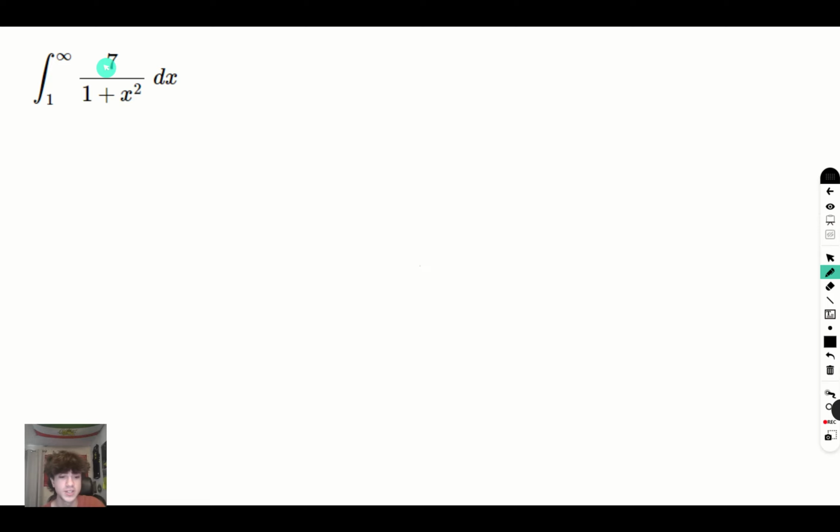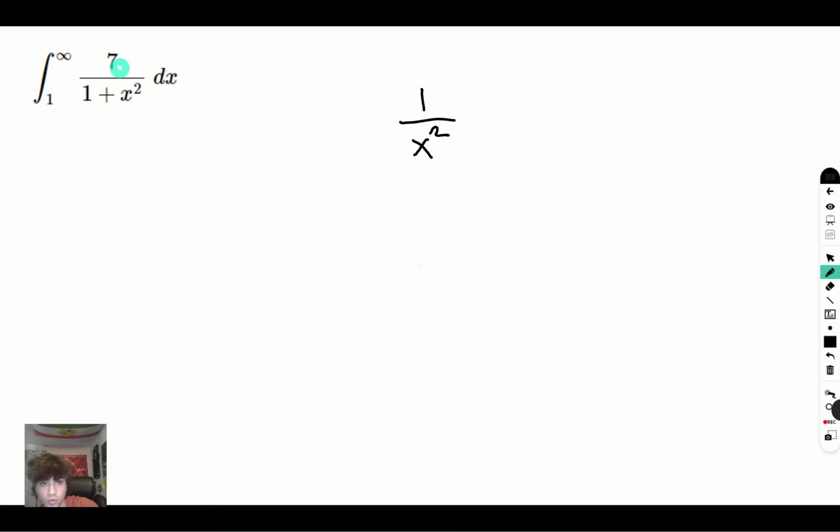In addition, when we're taking a look at a power series problem, we're going to look at the variable with the highest exponent. In this case, it would be x squared, so we can ignore the 1. And this 7 can be brought out to the side, so we get 1 over x squared.